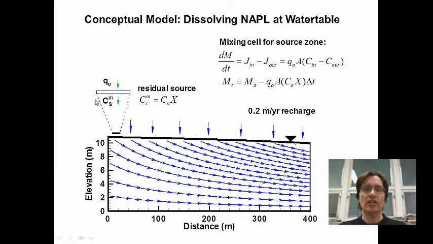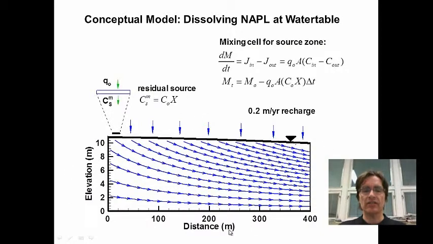And we can assume a solubility concentration coming off the bottom of this based on Raoult's law. And with a simple mass balance across this, we can, at every time step, delta T, calculate the mass remaining in the source zone. And we can use this concentration coming off the source zone as our third type boundary concentration going into our porous medium.